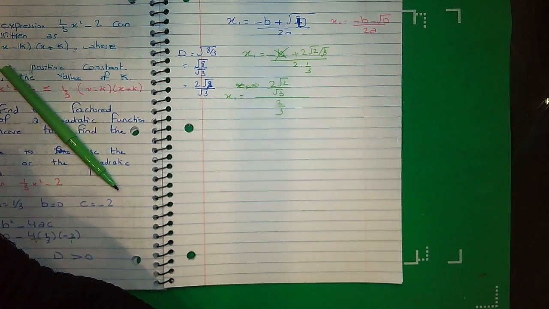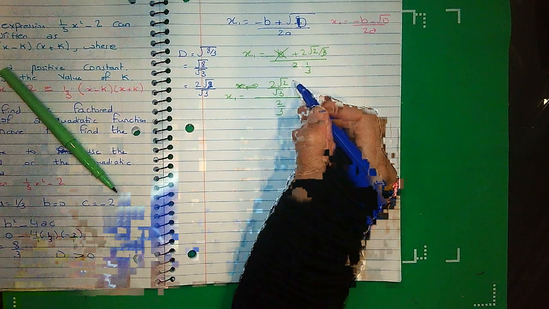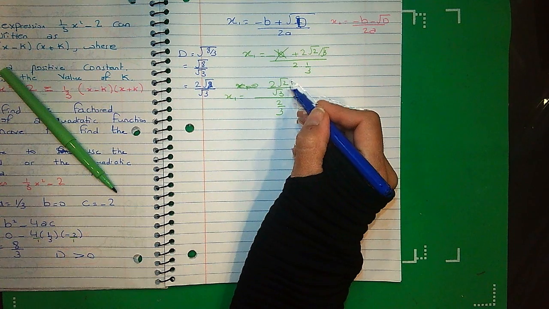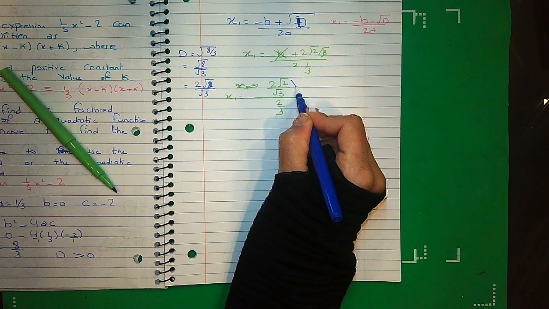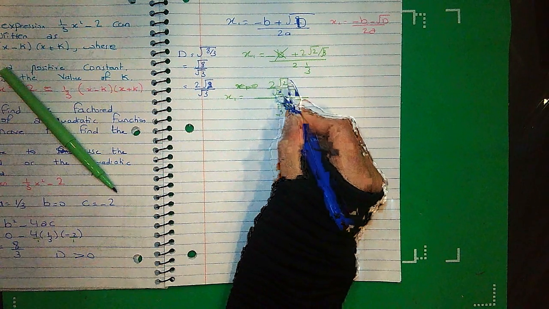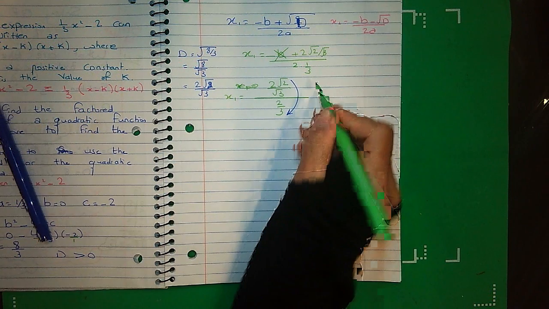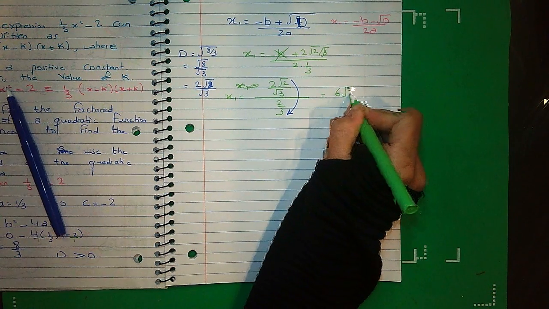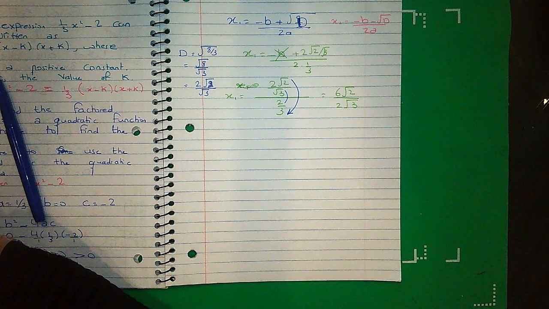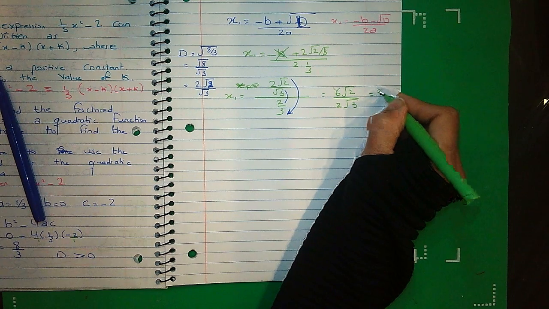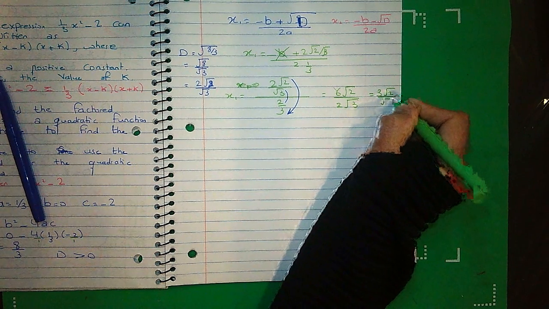I taught my students something called the Chinese method last year, which is when you divide a fraction by a fraction, you go far by far. So 2 square root of 2 times 3 is 6 square root of 2, over 2 times square root of 3, which is 2 square root of 3. We can simplify the 6 and the 2, and we get 3 square root of 2 over square root of 3.